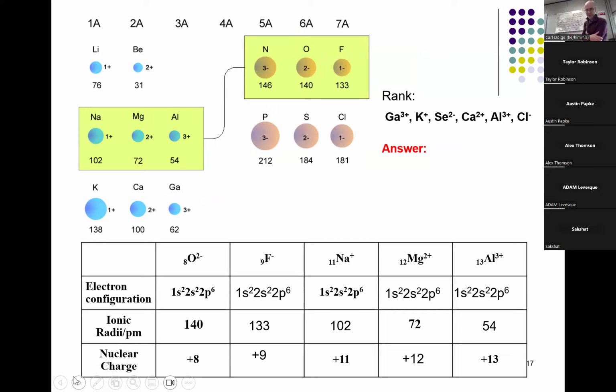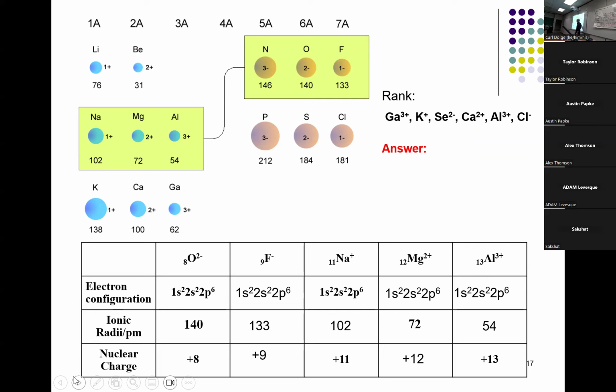Now, what we often do here is we ask you to make a ranking. So let's see if we can do that. And this ranking is a little bit more challenging than the ranking just for atoms. So I'm looking on page 139 in conjunction with this chart. I'm leaving that chart available just to kind of help us guide a bit.